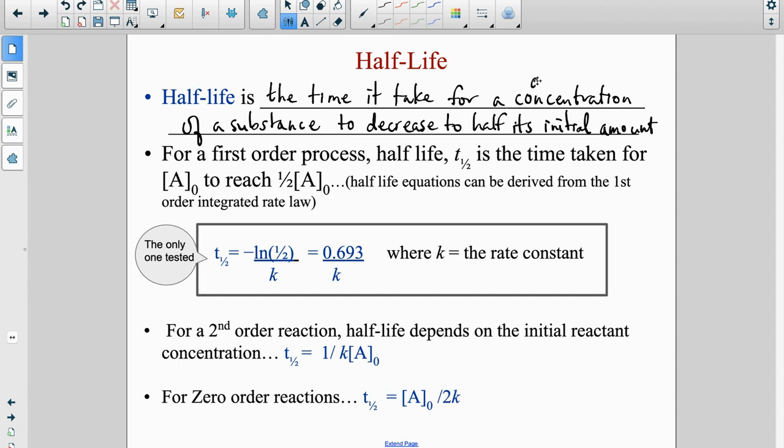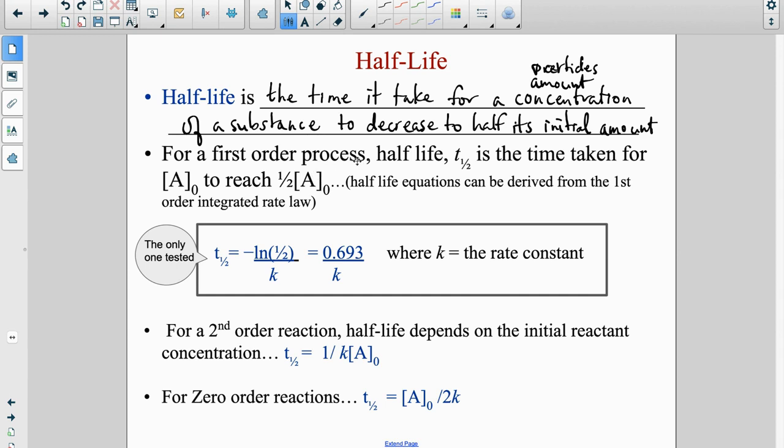And for concentration, we could be looking at amounts rather than concentrations. We could be looking at particles of a substance, but it's some amount of a substance, and the time it takes to get that substance to go from its initial amount down to half of its initial amount, for it to half what it was before.